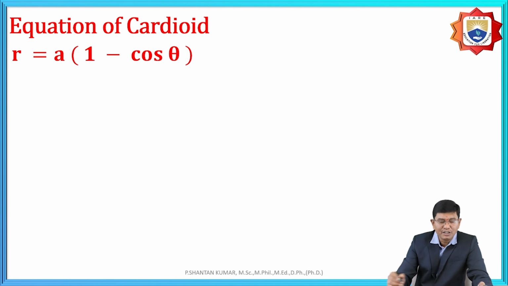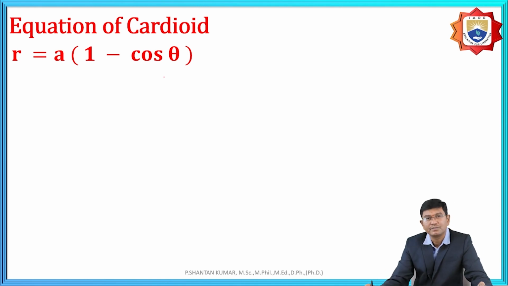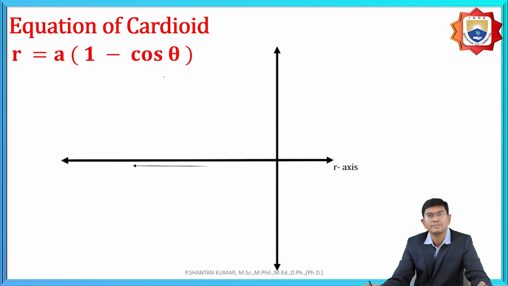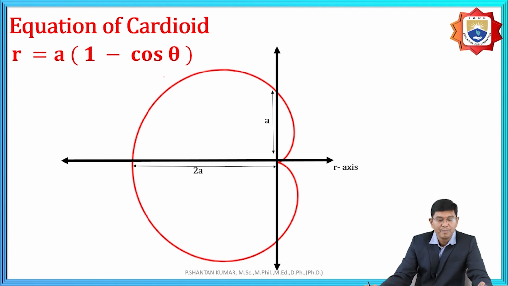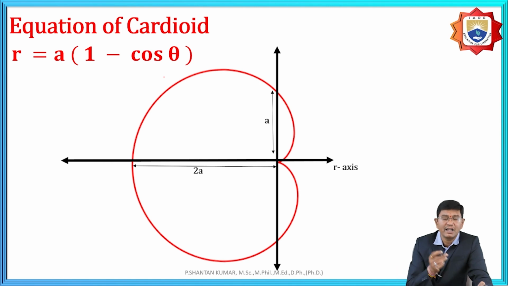And r is equal to a into 1 minus cos theta, where the diagram should be symmetric about the opposite side of the x-axis. That means r is equal to a into 1 plus cos theta is the right side, and 1 minus cos theta is the left side.